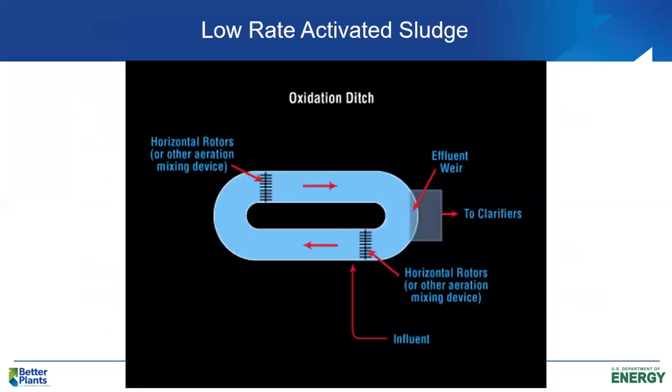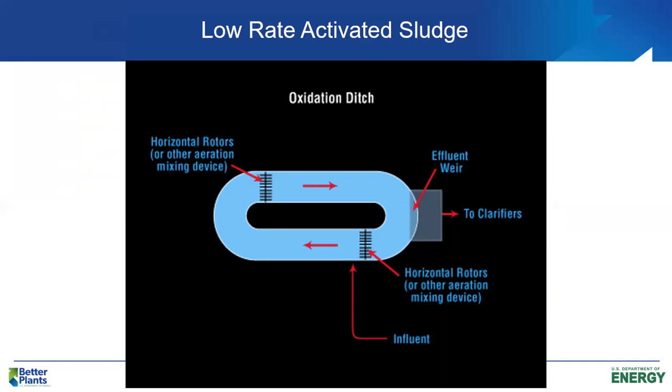Oxidation ditch is, again, another type of low rate activated sludge. We have a racetrack channel. The biomass is moved around the racetrack channel by the rotating, in this case, rotating horizontal aerators. They impart a horizontal velocity to the water that keeps the biomass in suspension, and we'll try to maintain a horizontal velocity of about 1 foot per second in order to keep the biomass in suspension.